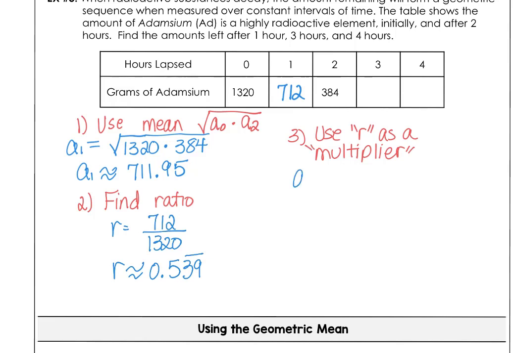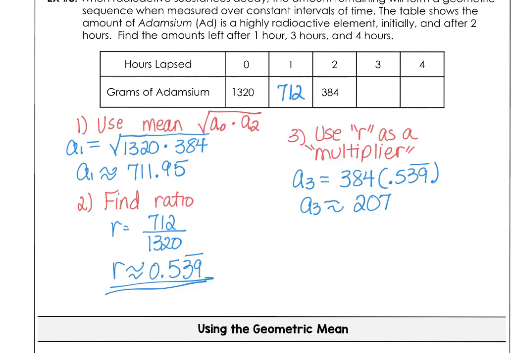With our calculator, the a sub 3 term is going to be 384 times our ratio 0.539393939, and we're going to find the third term is about 207 and 1300ths. So let's round that to 207 grams.